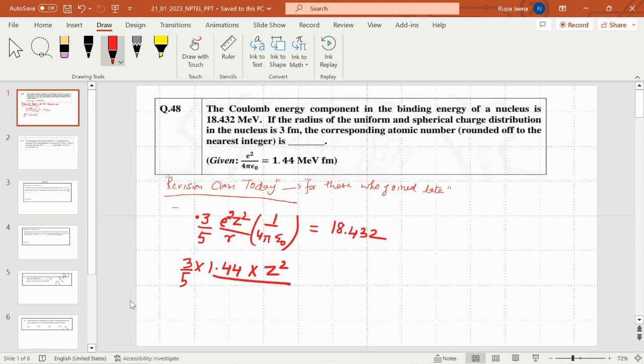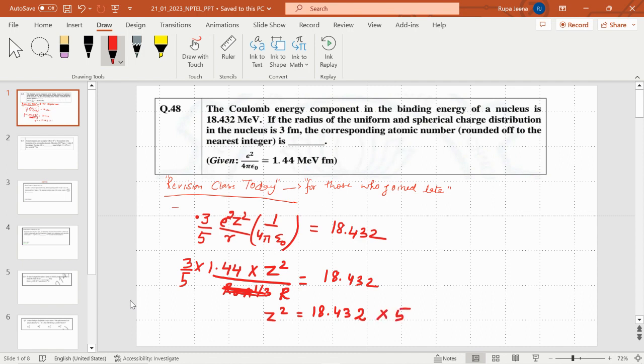Z square by r, where r is equal to r naught A raised to the power 1 by 3. There is no need to do this directly for r, because in the question Z square is 18.432.